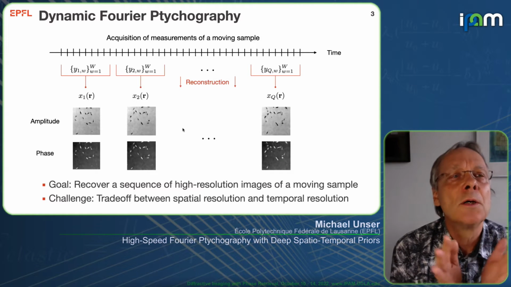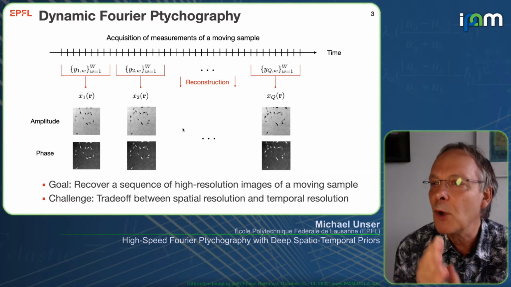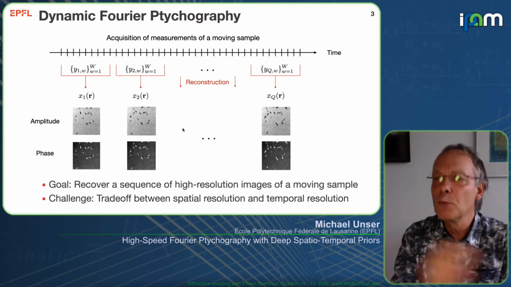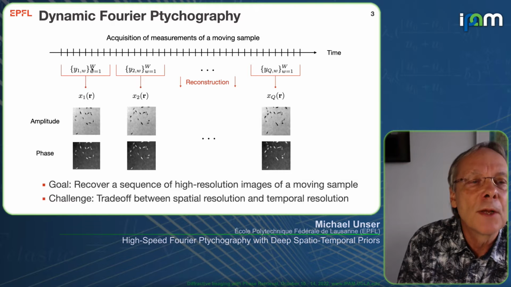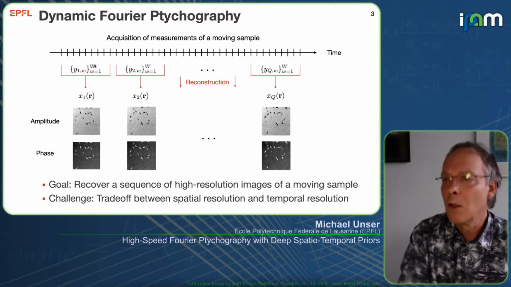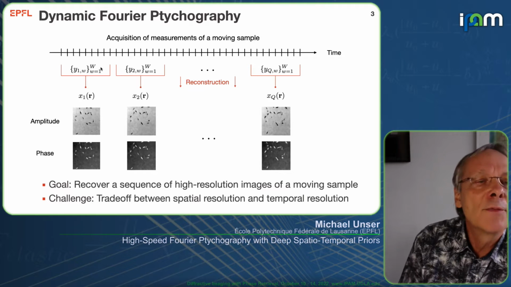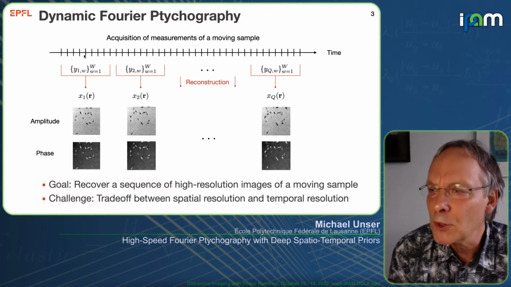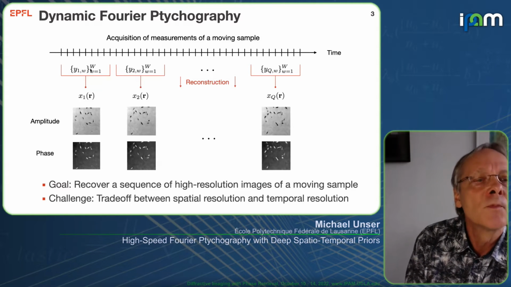Now if you want to do that dynamically, the problem is you have to modulate with different plane waves. Typically, let's say you have to acquire W such low resolution images. Usually one assumes that the specimen wasn't moving while you are acquiring all those measurements.